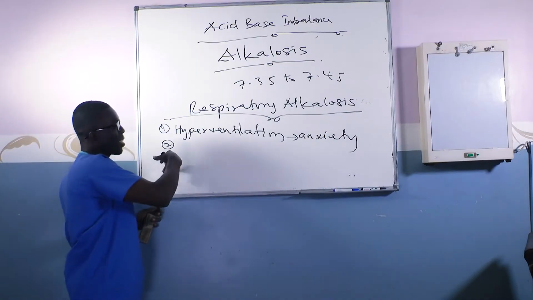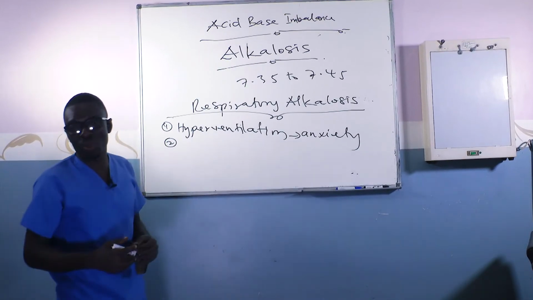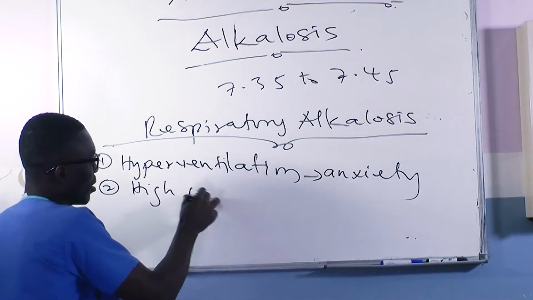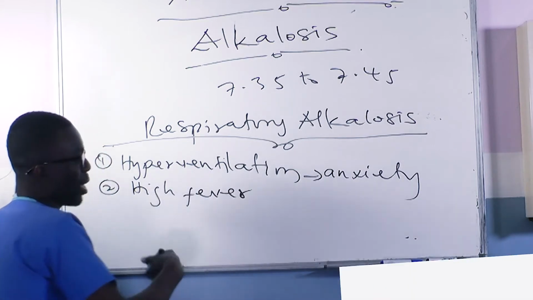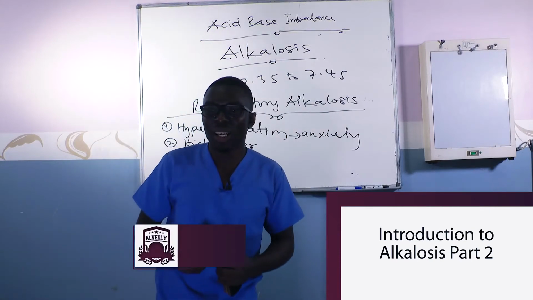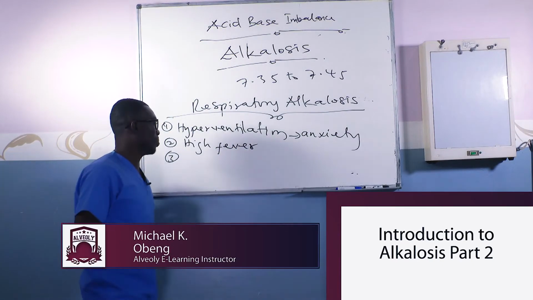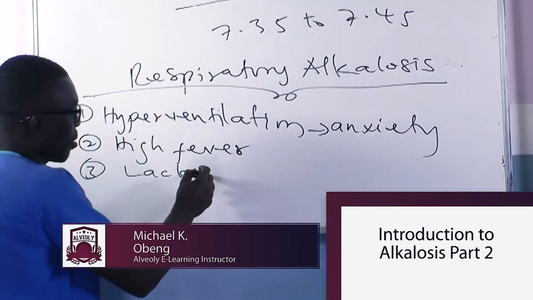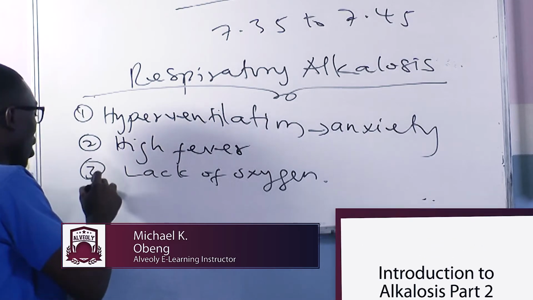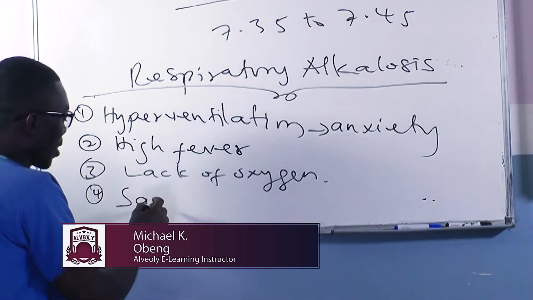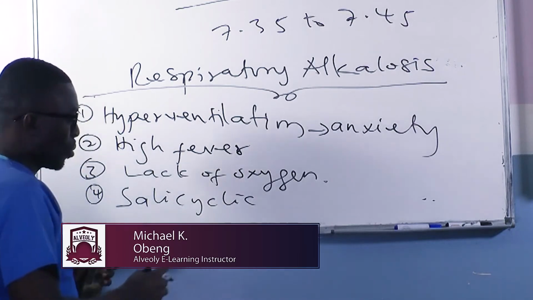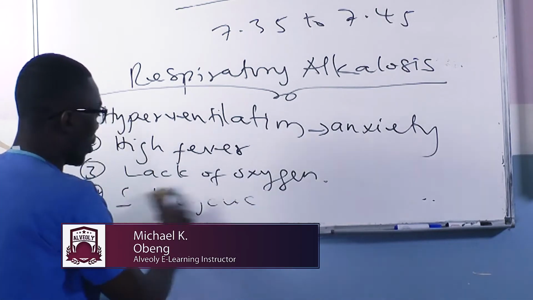Alright, so another thing that can lead to respiratory alkalosis is high fever. So high fever can also lead to that. Then we have other things like lack of what? Oxygen. Lack of oxygen. Then when there is salicylic acid or salicylate, let me put it that way.